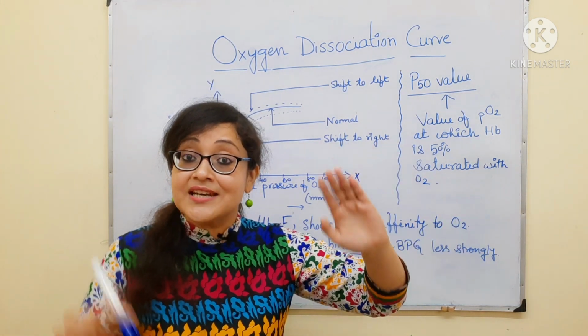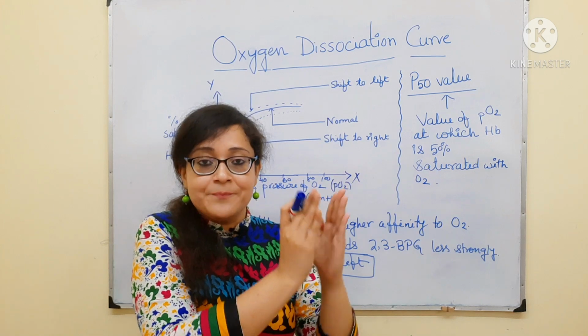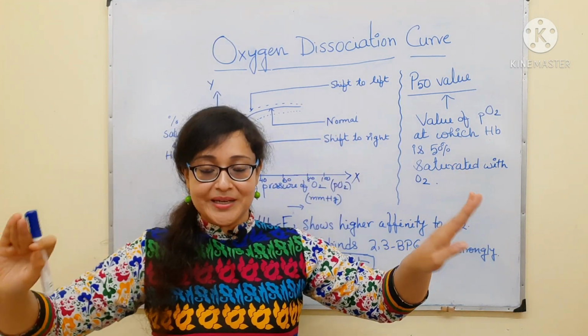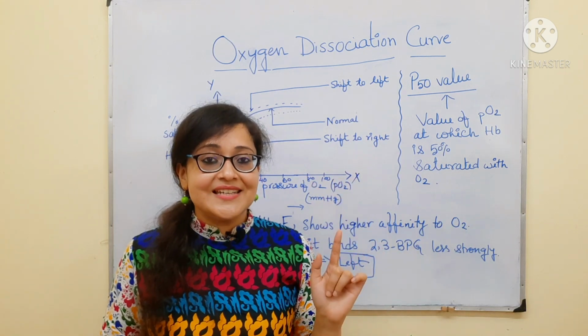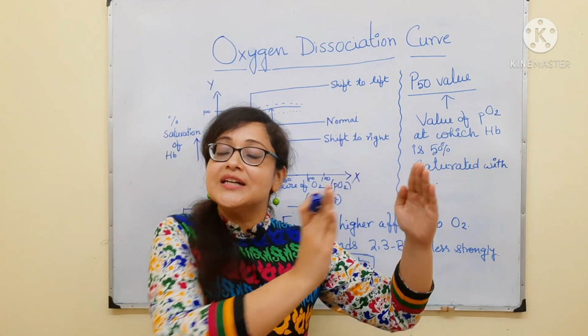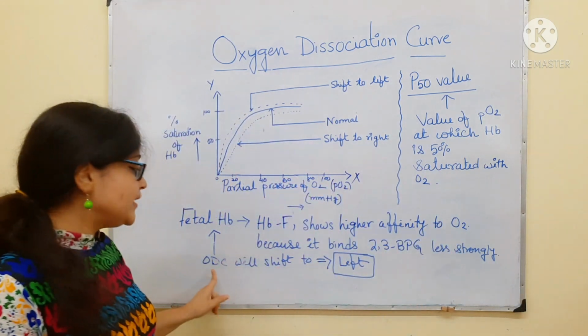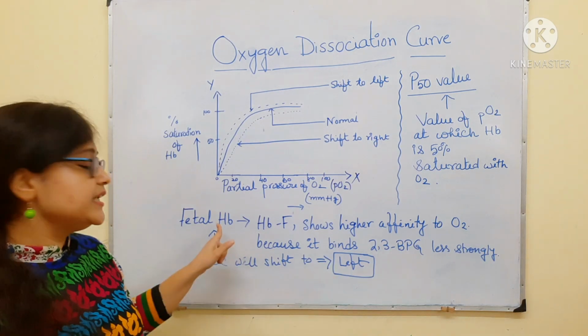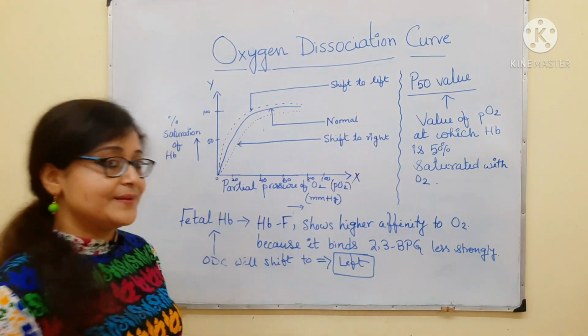Left means oxygen association to hemoglobin and the right means oxygen dissociation from hemoglobin. So when oxygen is having higher affinity, then it will be shifted to the left. So ODC or oxygen dissociation curve will shift to the left in case of fetal hemoglobin.